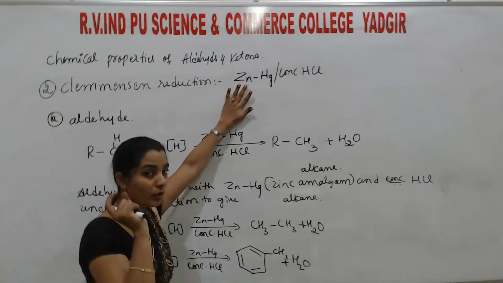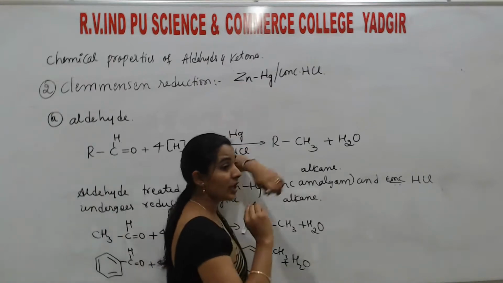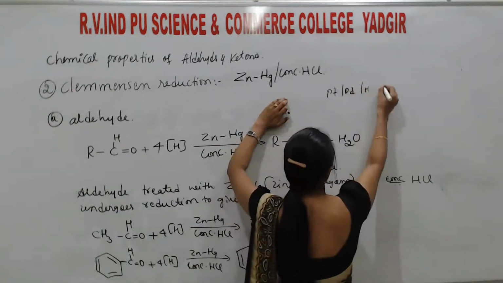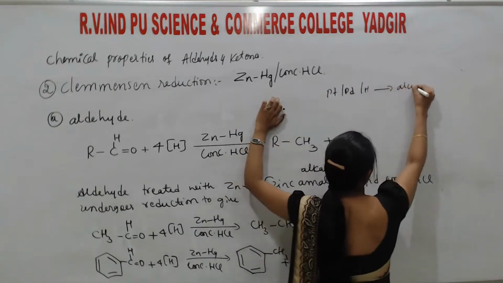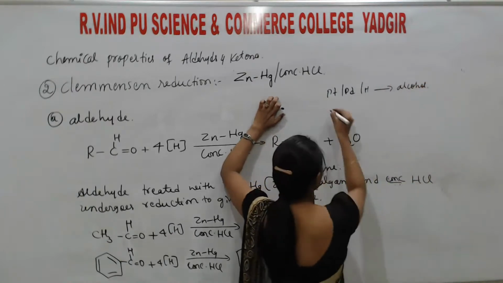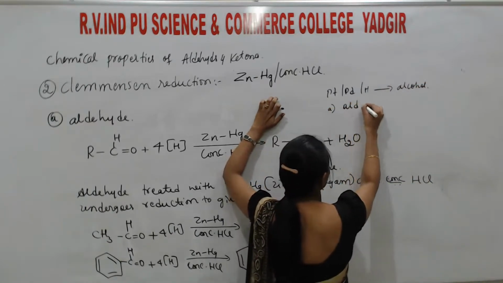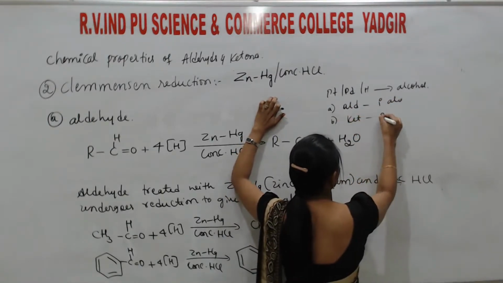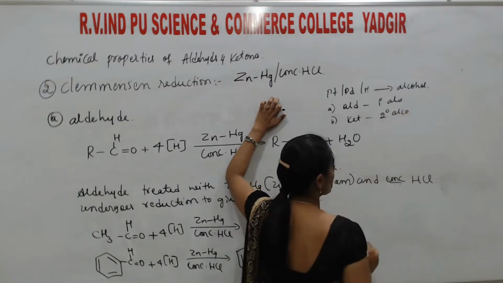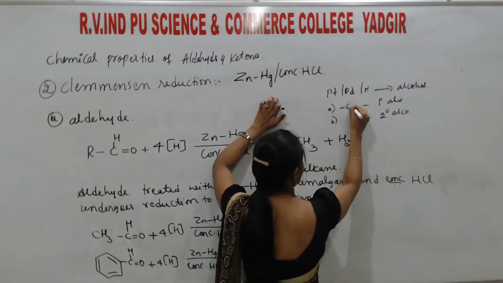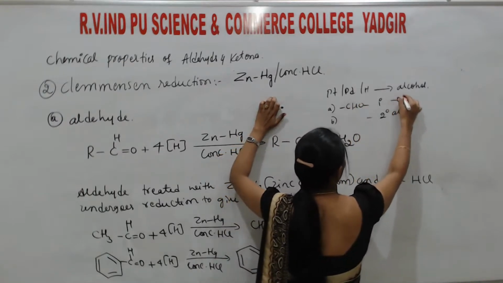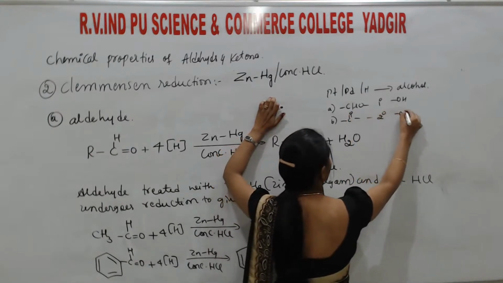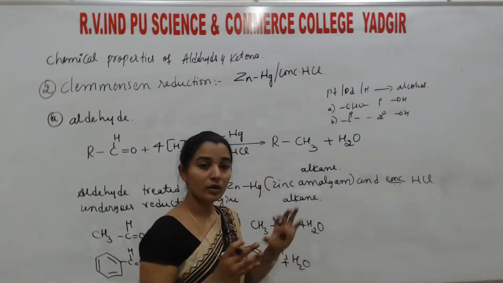To remember the reagents: platinum and palladium, or lithium aluminium hydride and so on, form alcohol. In that, aldehyde gives primary alcohol and ketone gives secondary alcohol. You have to write it like this. This is the correct way to write. Understood? Remember the key points.